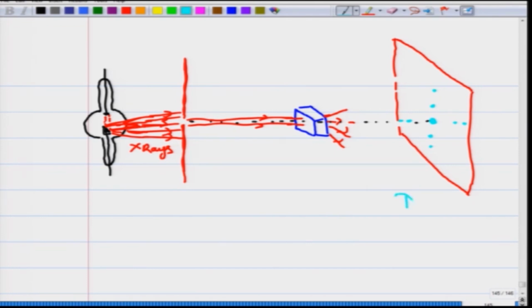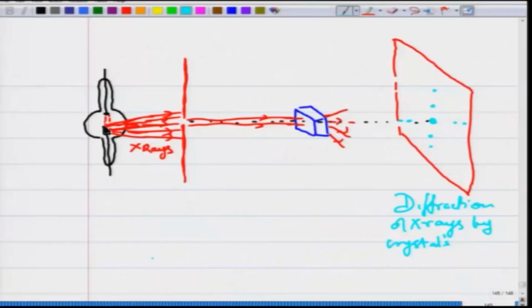This was the diffraction of X-rays by crystals which began the way to explore the crystal structure. This is called the Laue pattern.